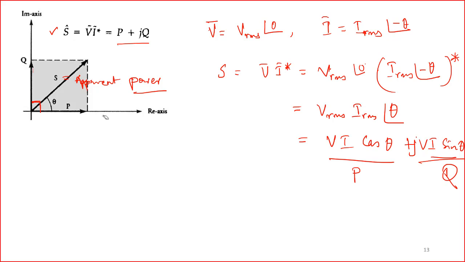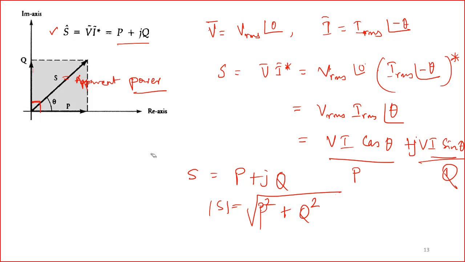So Q is leading P by 90 degrees, and this is VI sin theta. The apparent power is obviously P + jQ, and its magnitude is the square root of P squared plus Q squared.